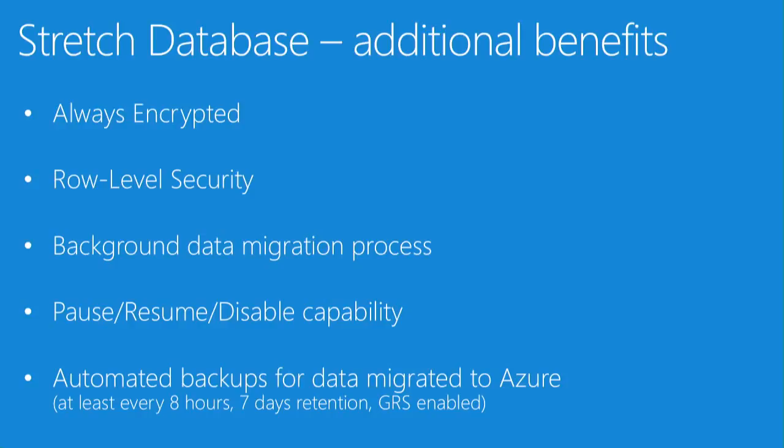So if I'm looking to move some of those historical records to an Azure environment via Stretch Database, I could have an Always Encrypted data set and maintain that encrypted data set in the cloud. So in terms of security and compliance, especially where you've got sensitive information, you can maintain that security layer from your on-premise environment and have it extended out to the cloud. These two features work really well in that scenario.